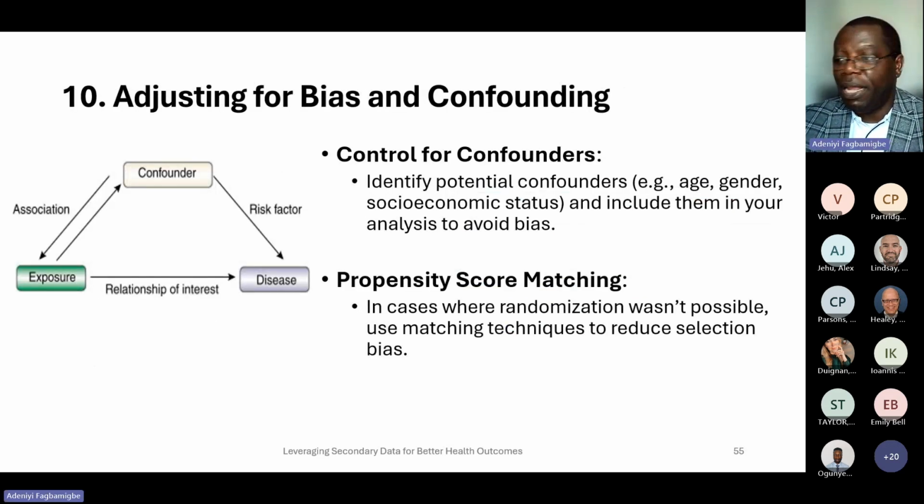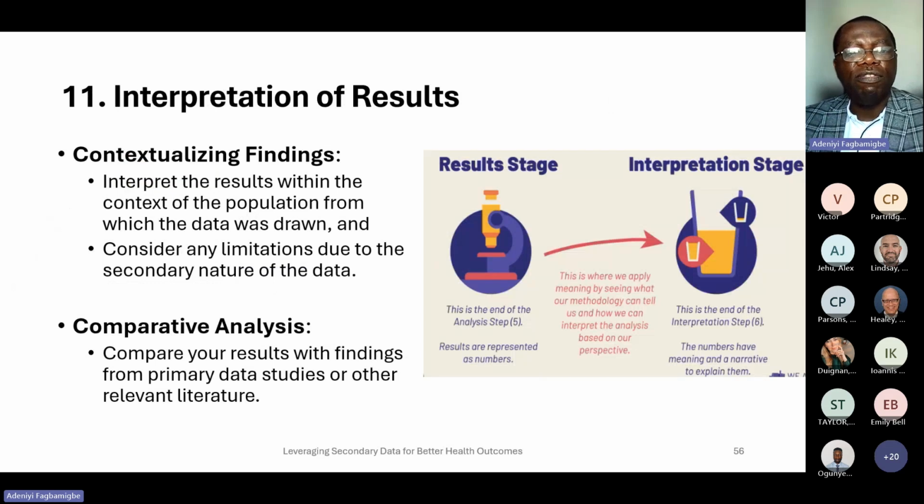You need to adjust for bias or confounding in your analysis. There are different methods to engage in doing that. And of course, interpretation, because the number does not make any sense until you've spoken to the data. You contextualize your findings, you do the comparative, and you speak to it in simple English. You need to interpret it. What does this mean?